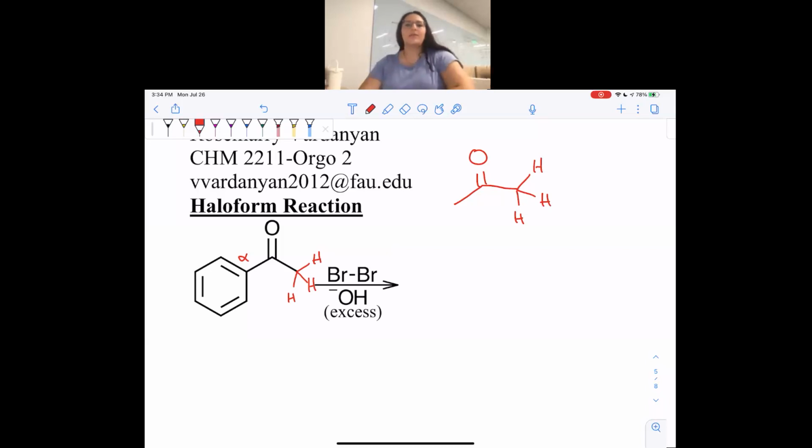The haloform reaction is a specific type of base catalyzed halogenation. And we do that when there's 3 alpha hydrogens on the same side, and that is either the only or the best or more substituted side, if that makes sense.